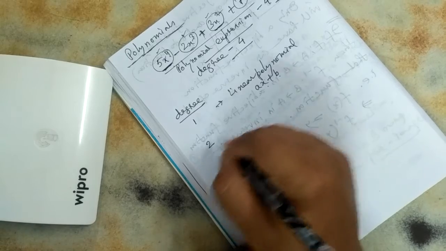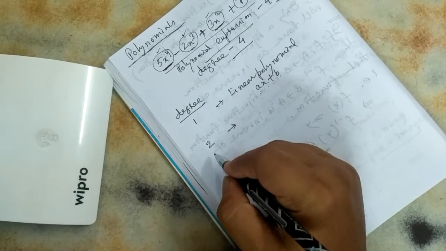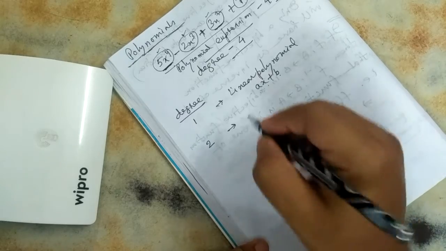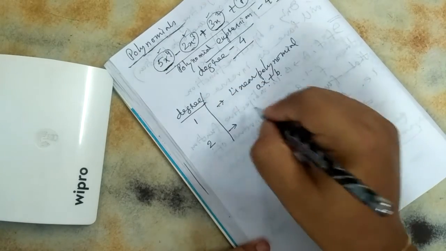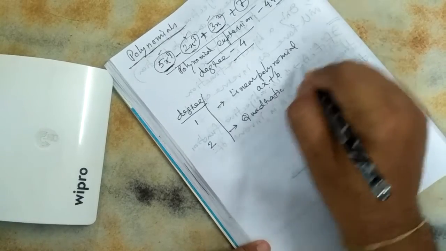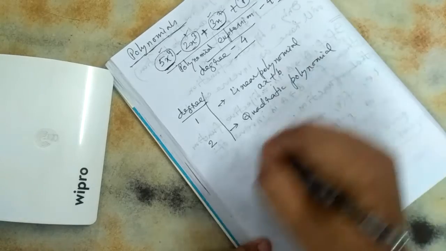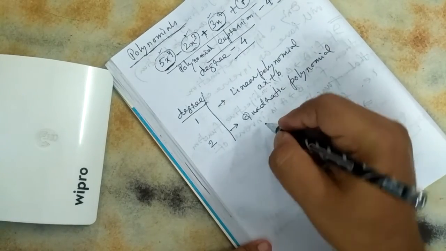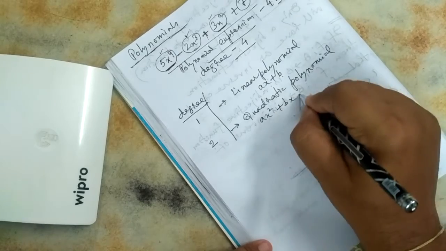Next, quadratic polynomial. For the quadratic polynomial, the degree is 2. If the degree is 2, then it is called quadratic polynomial. And its general expression is ax square plus bx plus c.